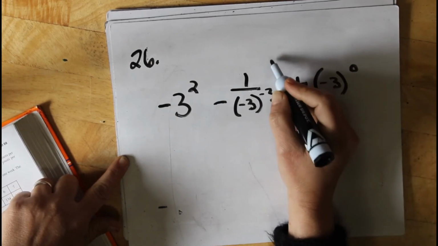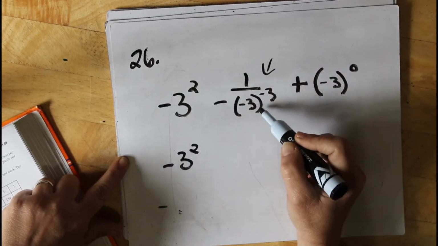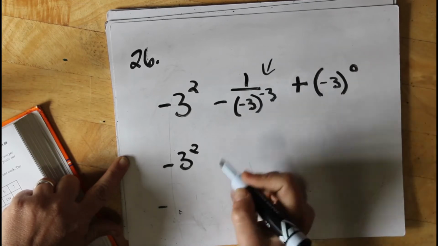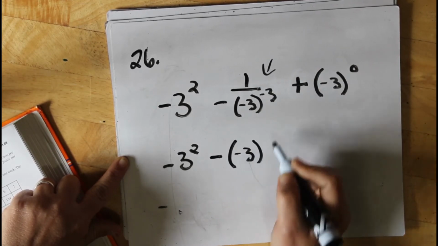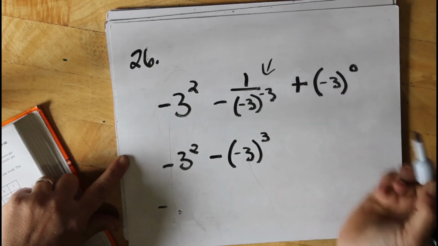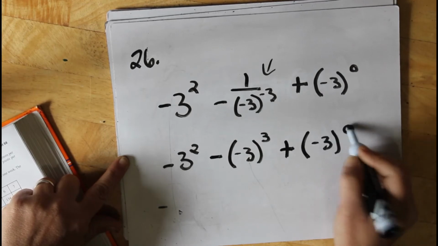Okay, first thing we're going to do is take care of this part. So I'm going to rewrite the problem. And we have to move that to the top of the fraction. So we're going to get negative 3 to the third. That gets rid of this negative sign. Plus negative 3 to the 0.